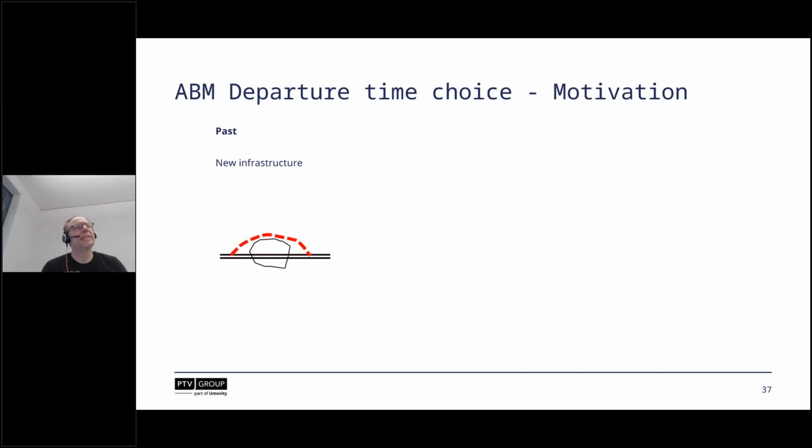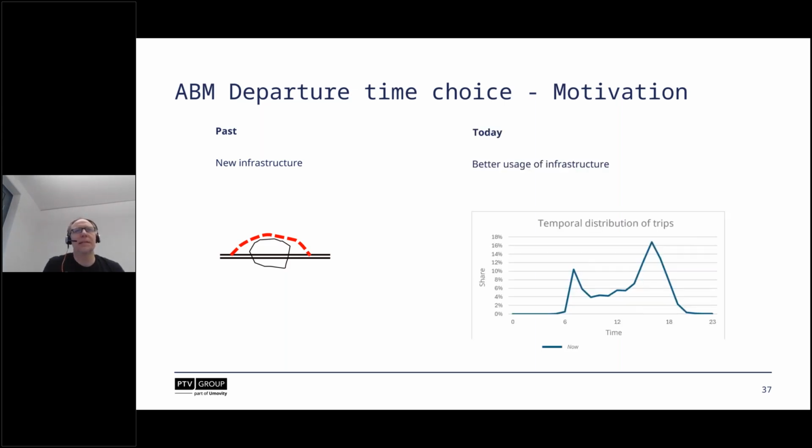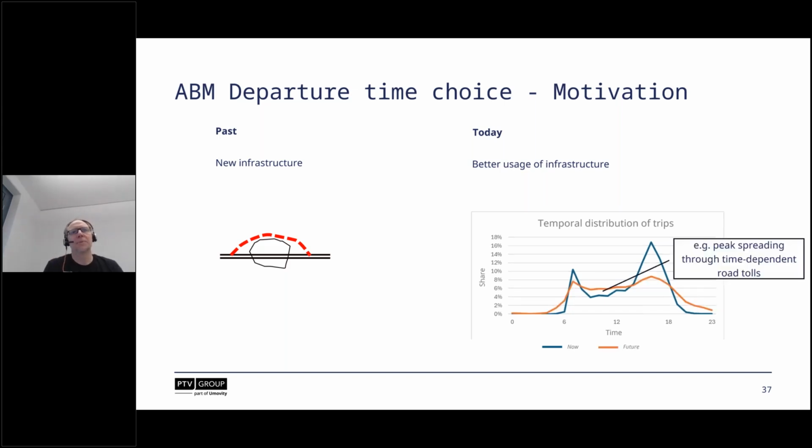Second addition is we've added departure time choice as a new choice function in the model. The motivation for that is that nowadays you're often with your transport models not just looking into new infrastructure, but making better use of infrastructure. And that often means to better use infrastructure over time.